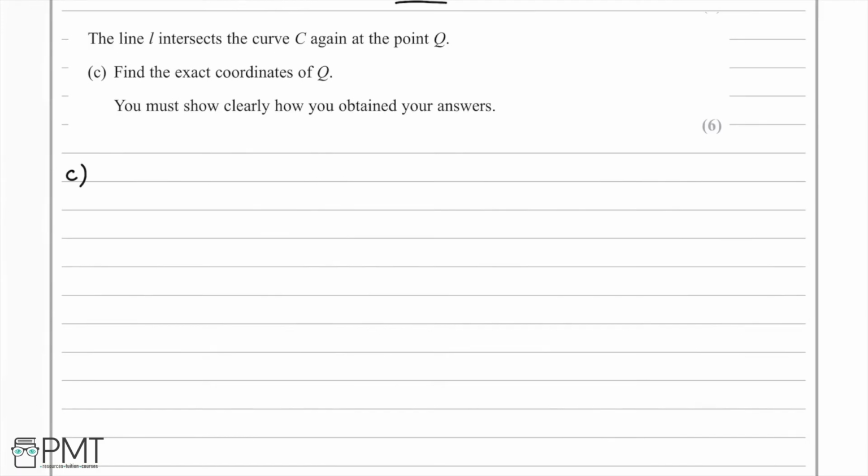So we're going to quickly recall that x is equal to 2 cos t and y is equal to root 3 cos 2t.